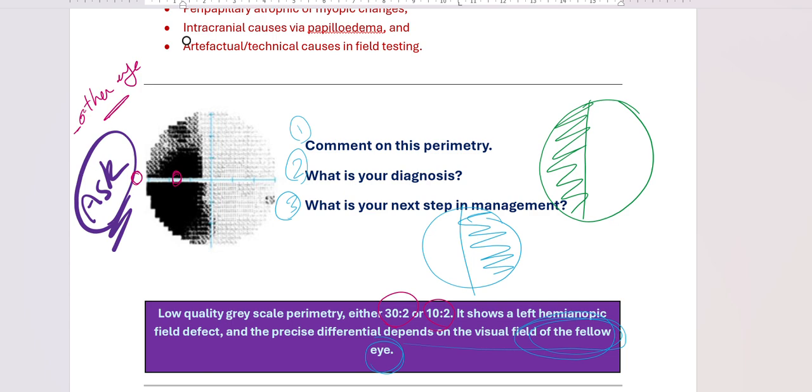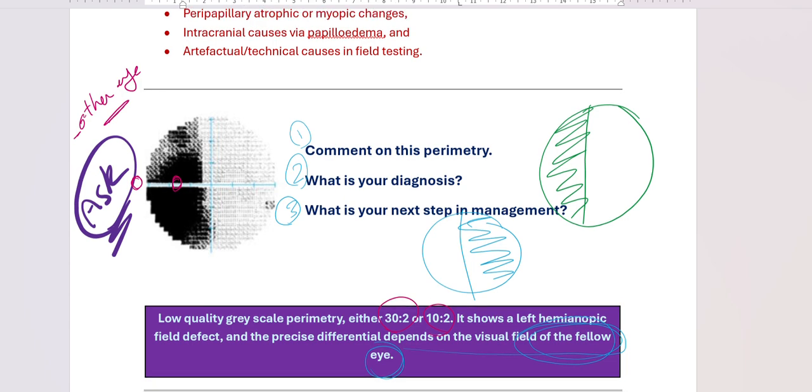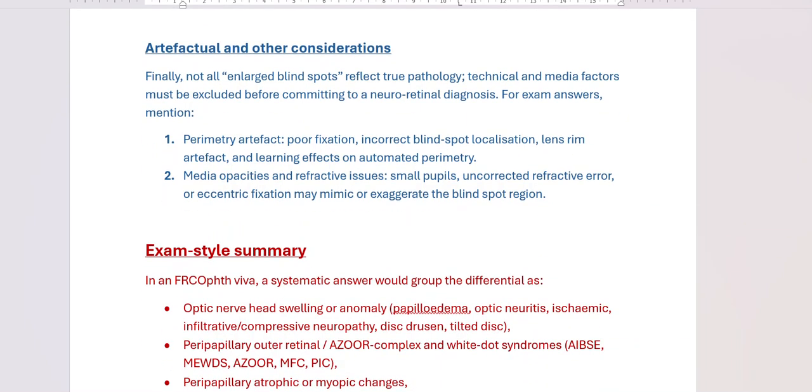So, for example, in this case scenario, you started to comment low quality grayscale perimetry, either 32 or 10:2, and depending on the fellow eye visual field, this might be homonymous hemianopia, bitemporal hemianopia, or neurological lesion, or artifactual lesion, artifact. This is a part that we missed here.